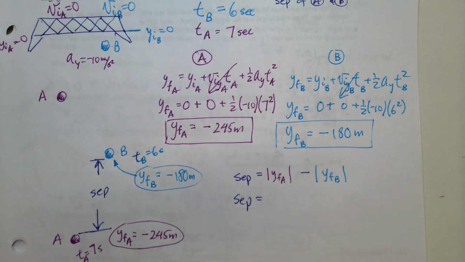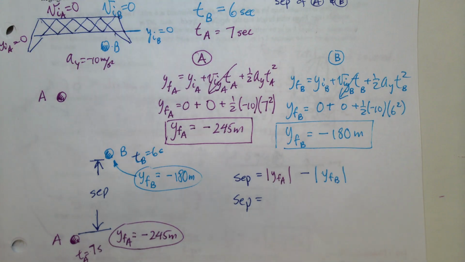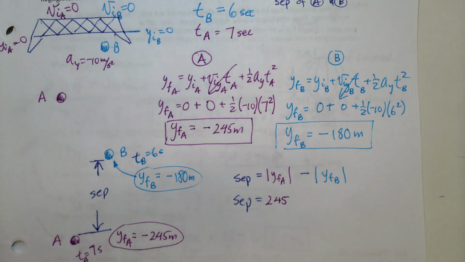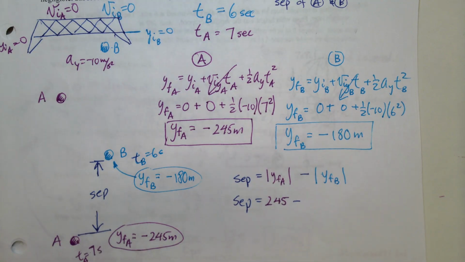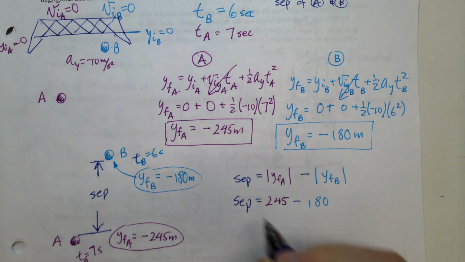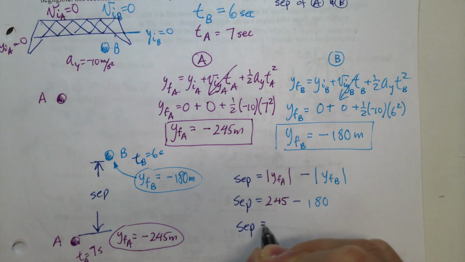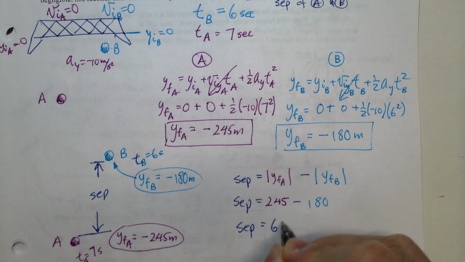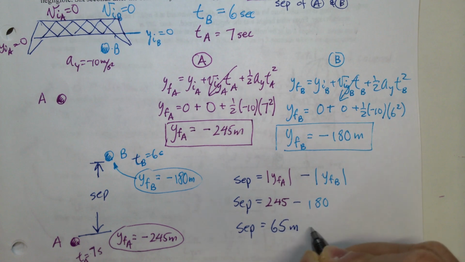You just want the distance between the two, right? So here you could say 245 minus 180. So your separation is equal to 65 meters apart.